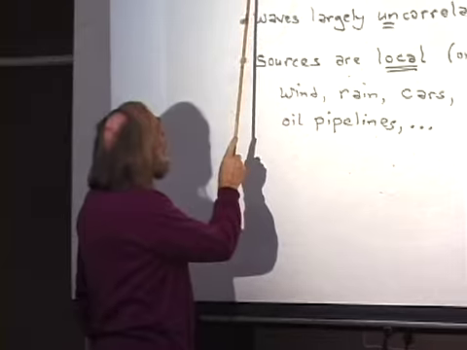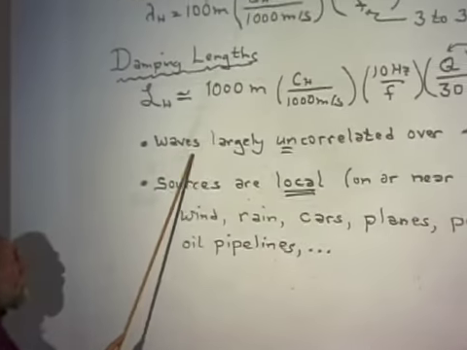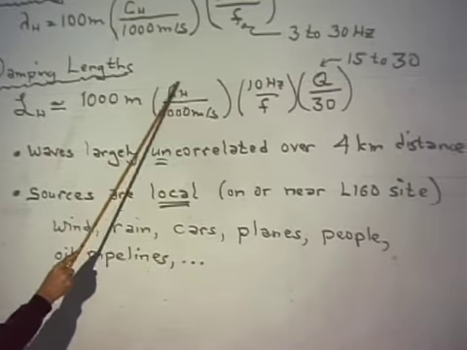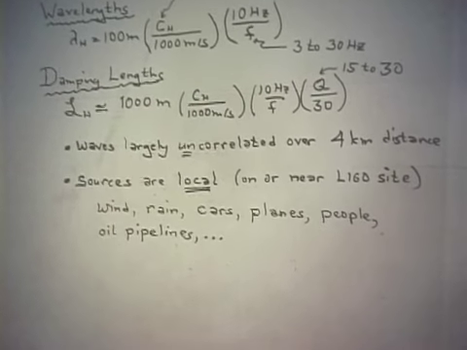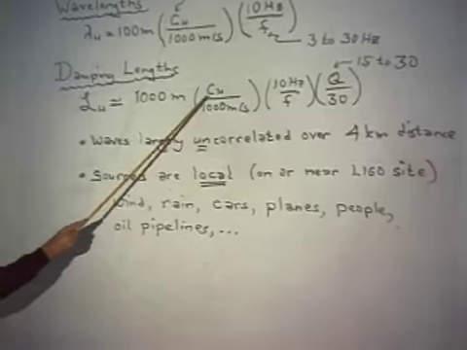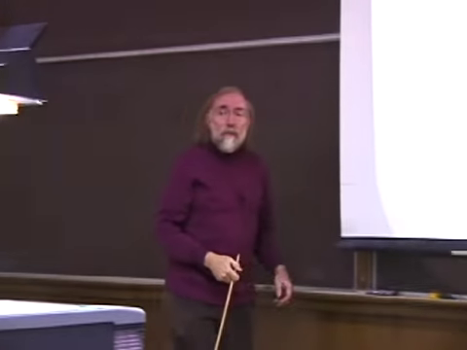That means that the damping length, the e-folding length at speeds of 1,000 meters per second is about 1,000 meters. And our speeds may typically be half that, so maybe 500 meters.